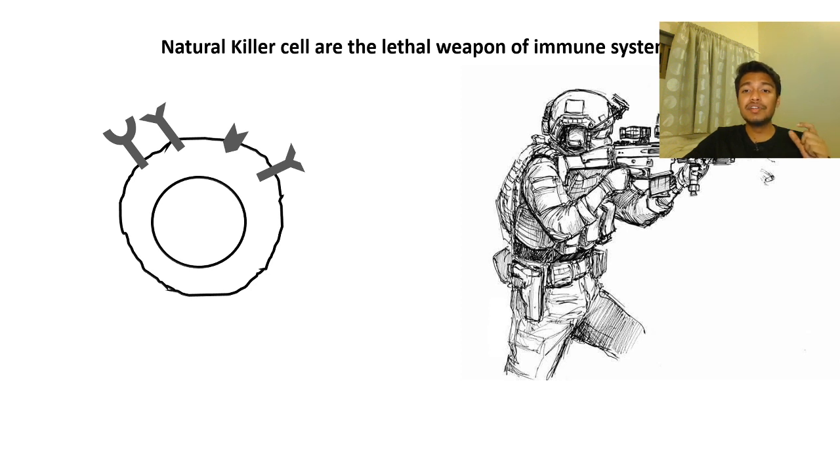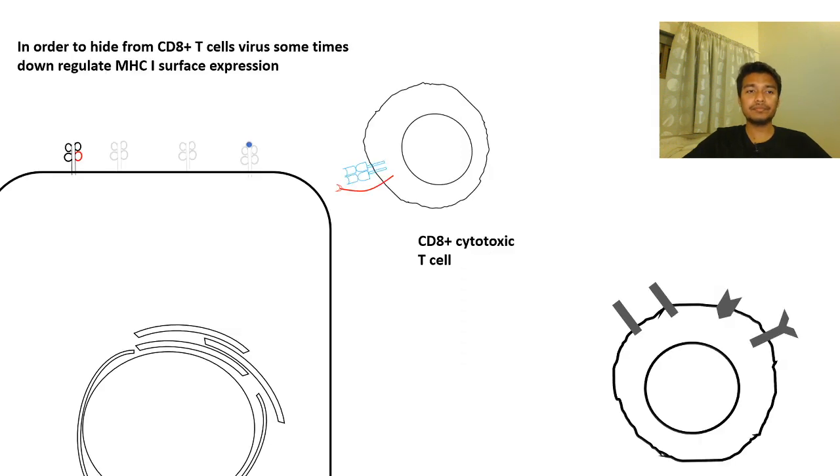Until and unless that reason is specified, they would engage anybody and kill them. And that is why they have very good properties in terms of tumor immunity. So tumors could also be attacked by the NK cells. And as we go along, we would also learn about NK cells in this lecture, okay?